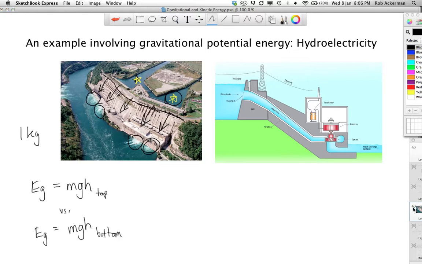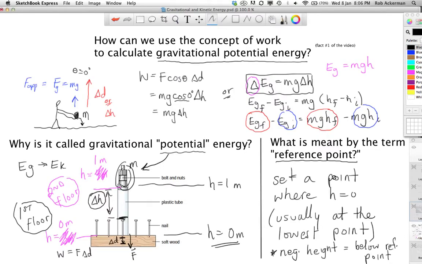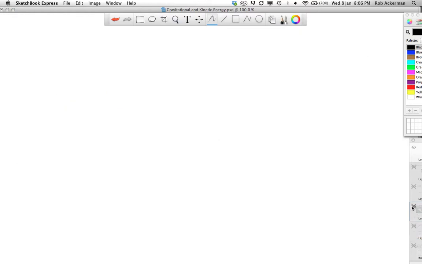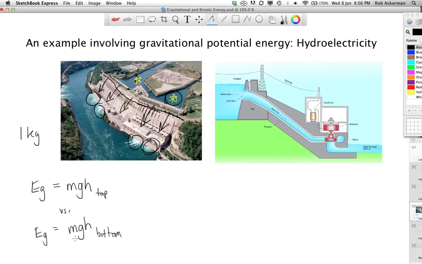Now remember, we are allowed to set the reference point to be 0 wherever we want. We can set h equals 0 at the lowest point in the problem. So that's what I'm going to do right here. I'm going to make h equals 0 right down here because it's going to make my calculations easier. It's going to cause something to be 0 in this question, and therefore there's nothing to calculate.